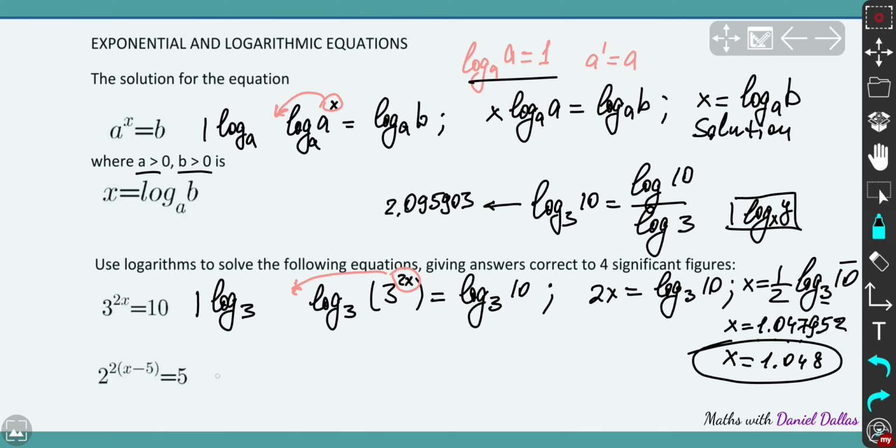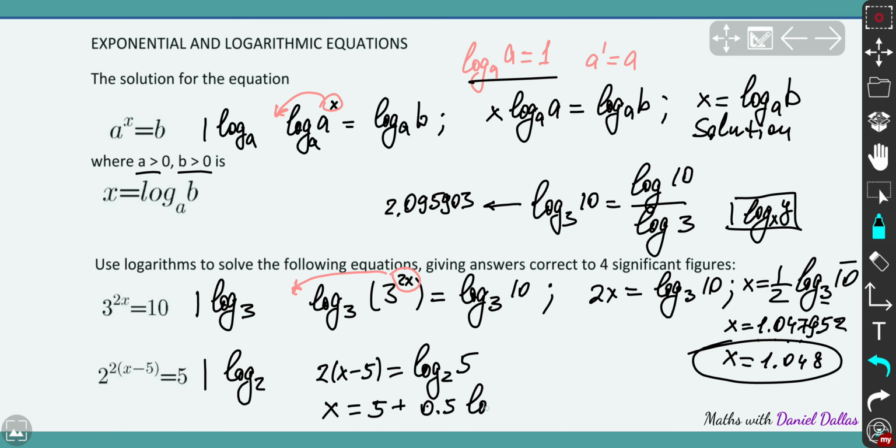Here we use the same approach, but the base is going to be 2, so we apply log base 2 to both sides. That gives me x minus 5 on the left side, using the shortcut, and on the right side log base 2 of 5. If you rearrange, you first get x minus 5 equals a half of that, and x finally is 5 plus 0.5 of log base 2 of 5.